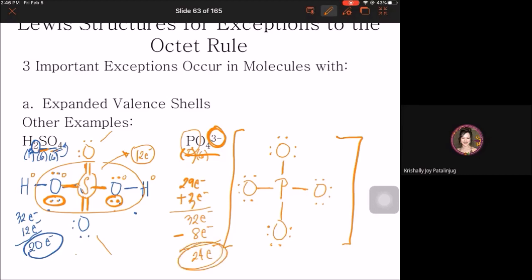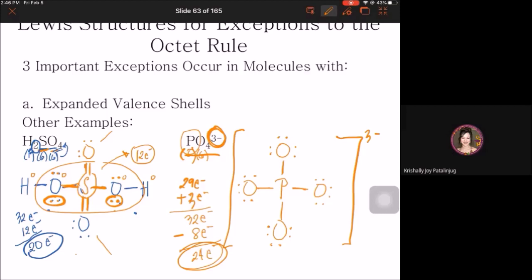Now, if this were your Lewis structure, and you computed the formal charges for each atom, you would produce several non-zero formal charges.